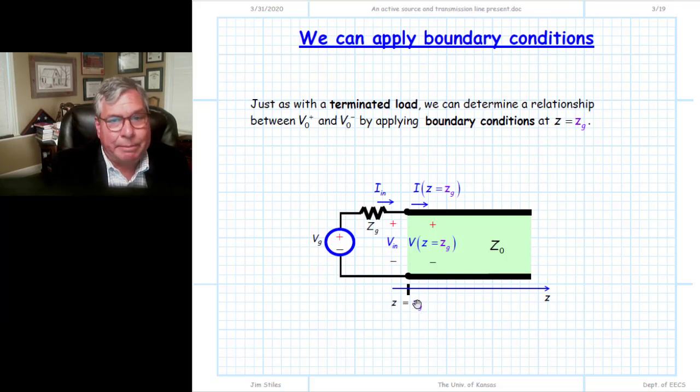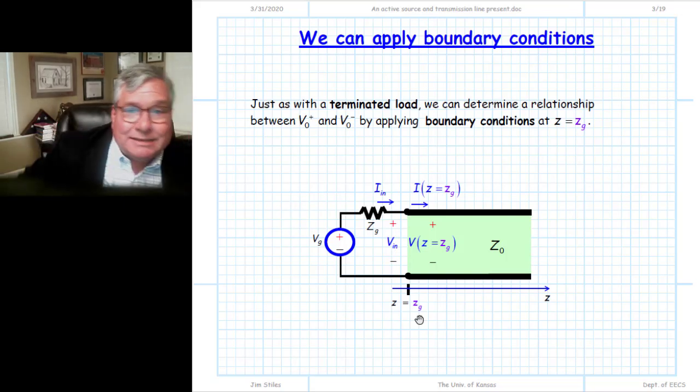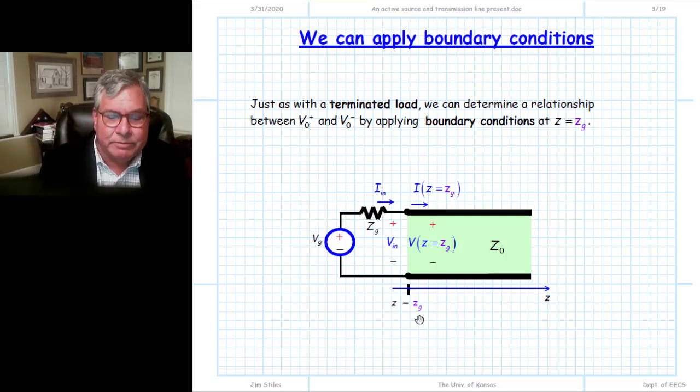Again, this is just a number, an index. It could be anything. Oftentimes, it's a value equal to minus L, the length of the transmission line. But of course, in this case, we don't know what the length of the transmission line is. We want an answer that's independent of that length. And so, again, we'll just denote it as an arbitrary value, ZG, a numerical value.